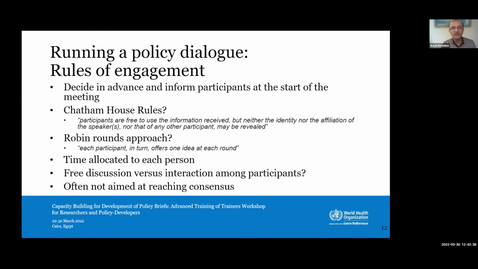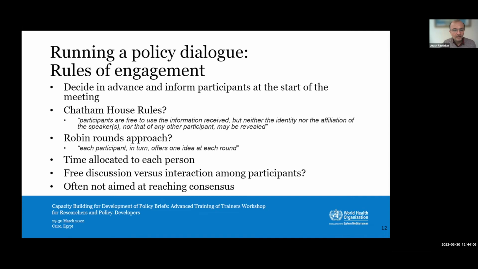Then you go to the next round and ask, is there anyone who wants to add? And you continue like this until you receive all the key suggestions. It might be good, but again, if the team is big or if there are heated discussions, it may not work. You need to think in advance of the time allocated to each person, and the chair should be able to control it.